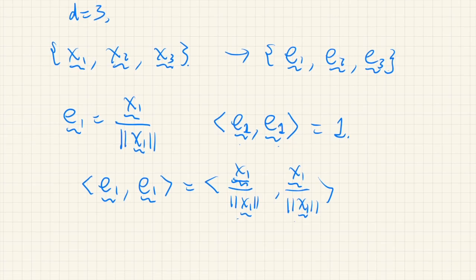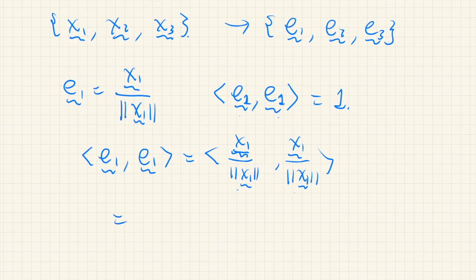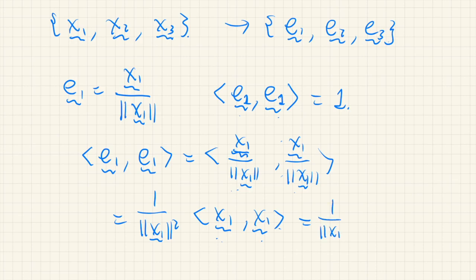These constants can be put outside, so we have 1 over the norm of x1 squared, and x1 and x1. But the inner product of x1 with itself is the norm squared. So that is the norm of x1 squared times 1 over the norm of x1 squared, which is equal to 1. So we prove this.